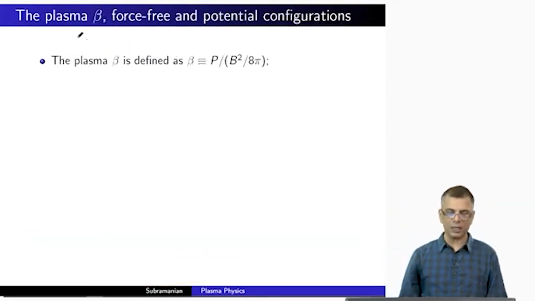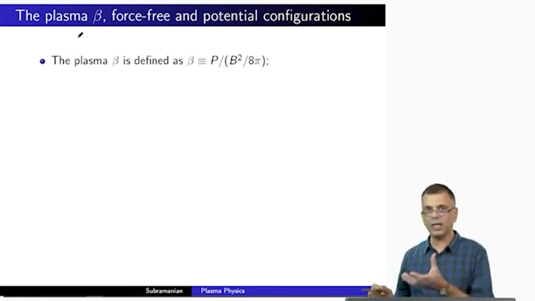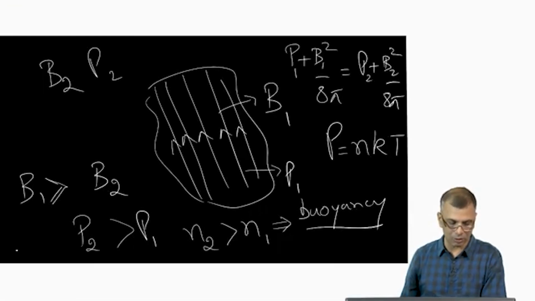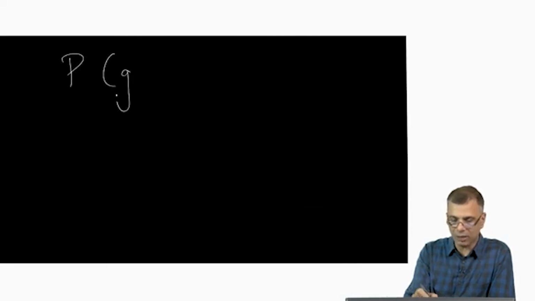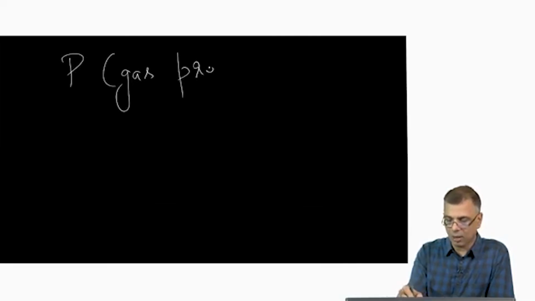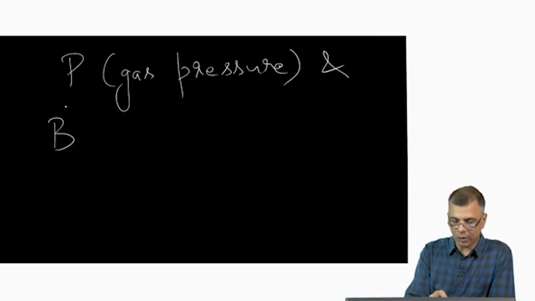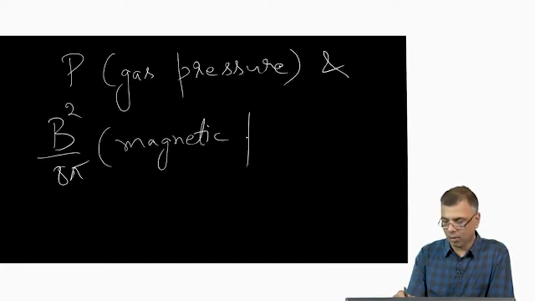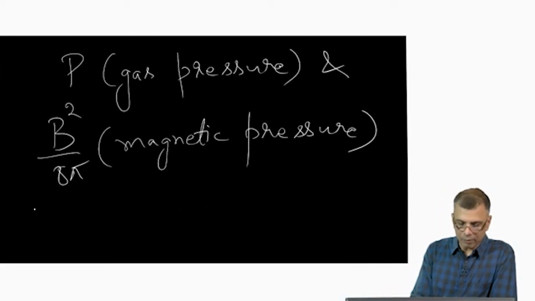We have already started talking about P and B, magnetic pressure and gas pressure, as though there were different kinds of P. So essentially P, the gas pressure, and B squared over 8 pi, the magnetic pressure, are on the same footing.